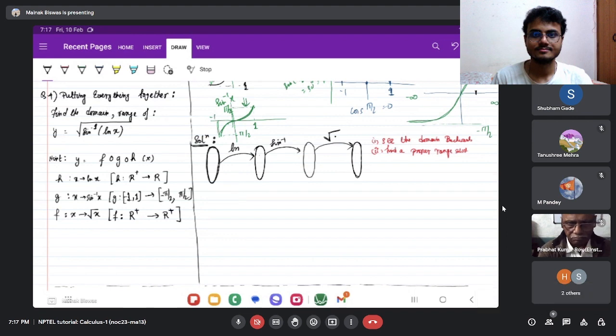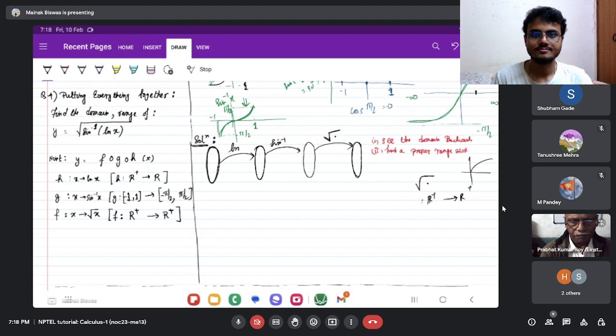So do you see the problem? There is a domain that this function will be satisfying. For example, this root only takes values from r plus and maps to r plus, that we have seen. For negative values, roots are not defined, they're imaginary numbers.